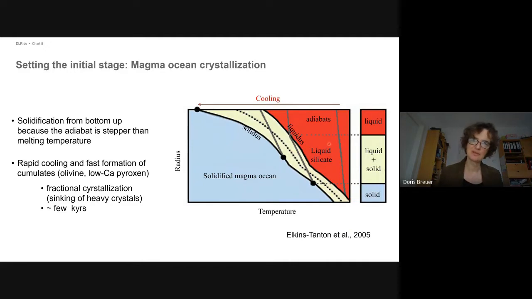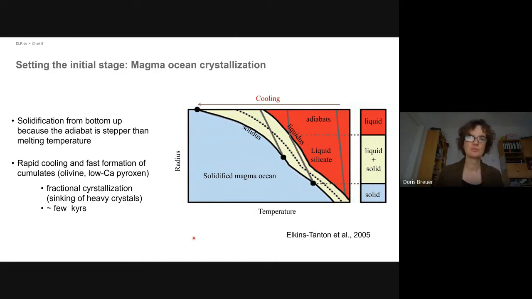So what's happening when the planet is cooling is that you start freezing from the bottom up, just because the adiabat is steeper than the melting temperature. And usually, because we have a liquid material that is vigorously convecting and efficiently cooling, the whole process is very fast. It can be in 1,000 to 100,000 years.